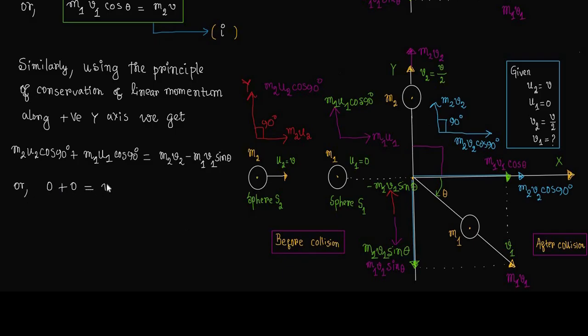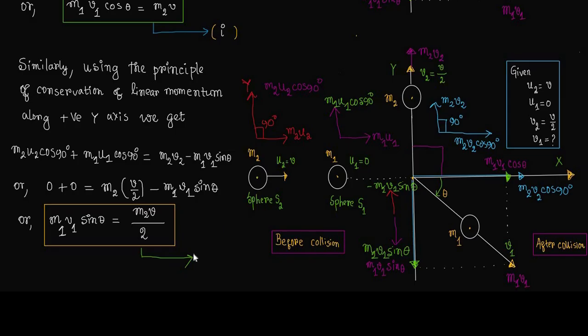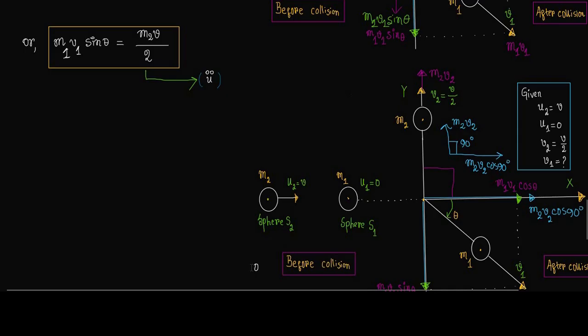Or, 0 plus 0 equals m2 into v by 2 minus m1 v1 sin theta. Or, m1 v1 sin theta is equal to m2 v divided by 2, which is equation 2.